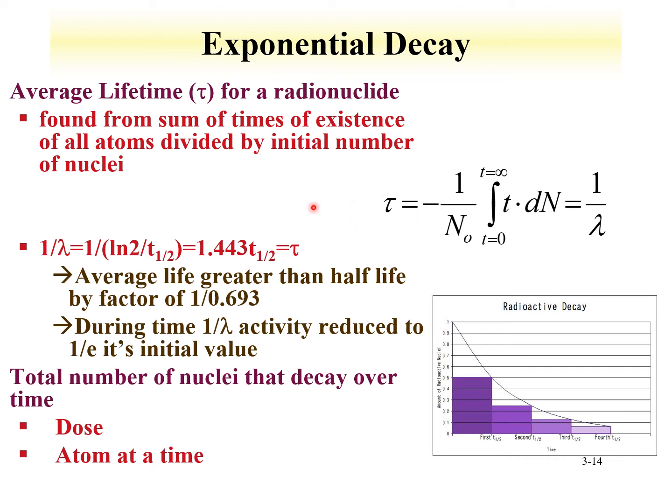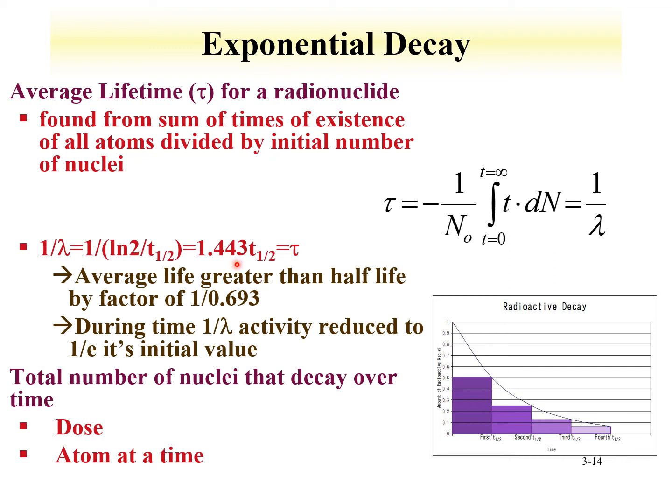So this average lifetime is equal to this equation here, and I can expand on this. It turns out to be 1 over the decay constant. 1 over the decay constant is equal to 1 over log 2 divided by the half-life. And it turns out that the average isotope has a lifetime on the order of 1.4 times the half-life.